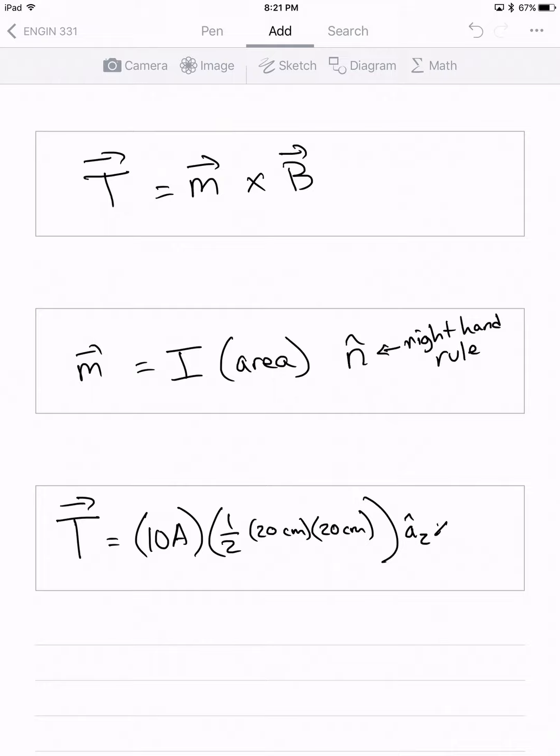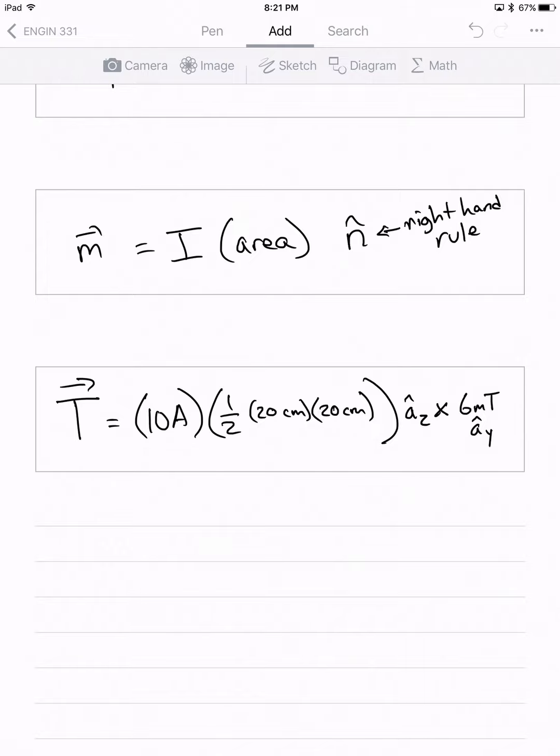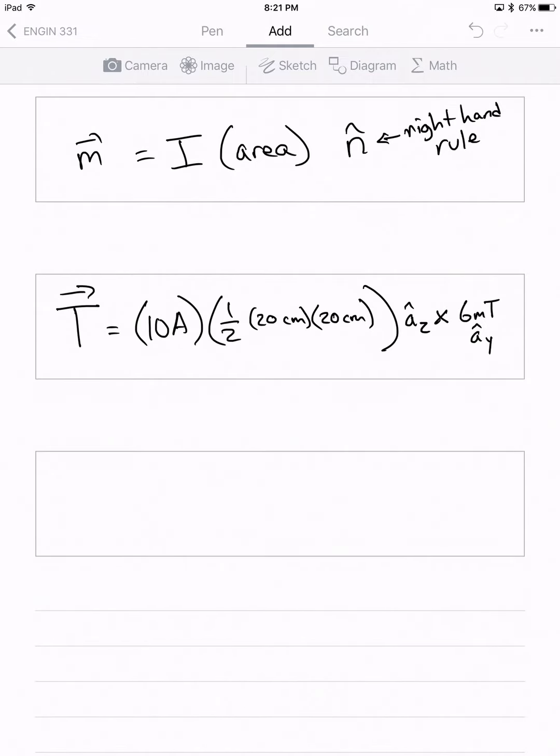And then we're going to cross that with the magnetic flux density, which is 6 milliteslas in the y direction. A_z cross a_y gives us a minus x. So our total torque works out to be minus a hat x 1.2 millinewton meters.